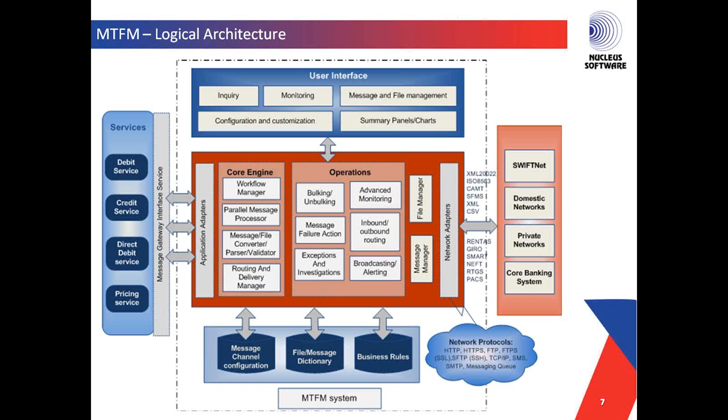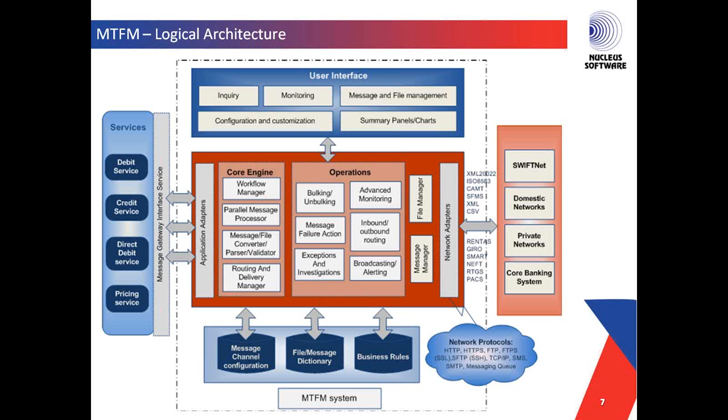Now the second box which is there is the message failure or action box. Now what happens in this large and disparate ecosystem? There are so many applications, there are so many connectivity, so many protocols. So there are chances that at times some messages do not get processed. So the message may be very genuine and correct, the customer may have balance in their account, but because of connectivity issue or because there may be a system that is down or it is under maintenance, some messages may get failed, and these are parked in a failure queue.